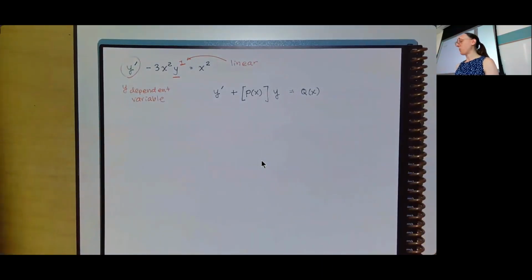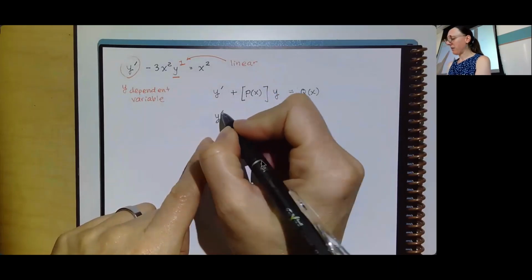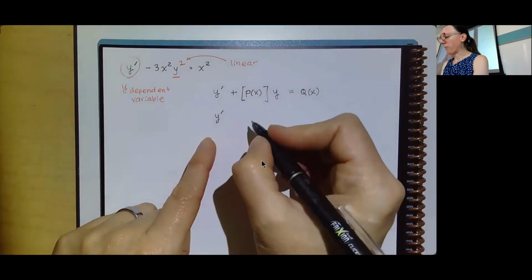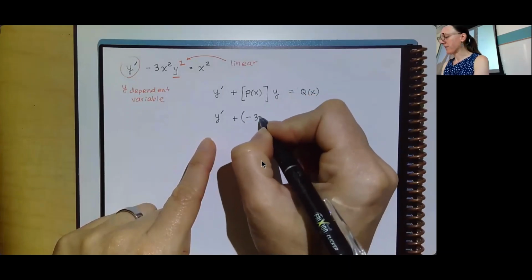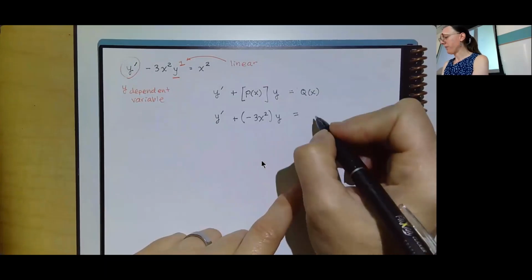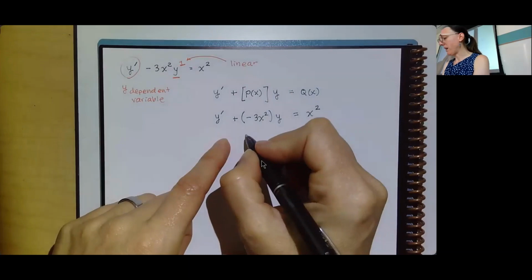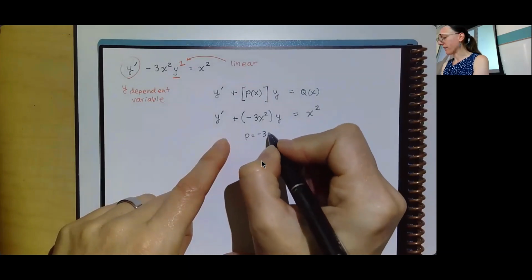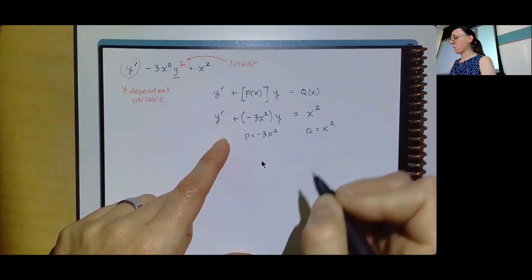So this happens to be first order linear because it follows this pattern. I can write this as y prime plus negative 3x squared times y is equal to x squared. So my p is negative 3x squared and my q is x squared.